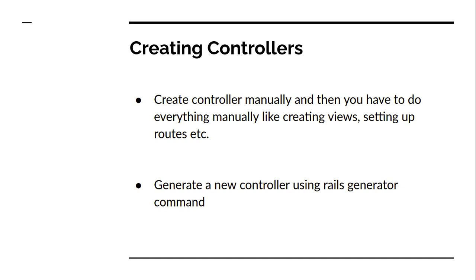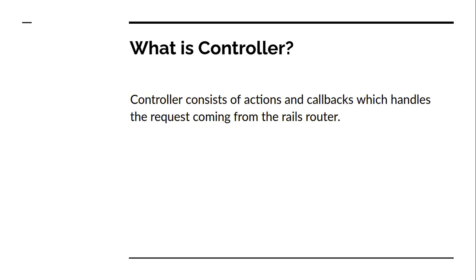But before creating a controller, we first need to know what a controller actually is. Whenever a request comes from the web server, the Rails router maps that request to a controller action, and then the respective controller action will serve the request. The request can be of any type, like get, post, patch, put, or delete. A controller action performs the necessary work to handle the request and prepares the data for the view.